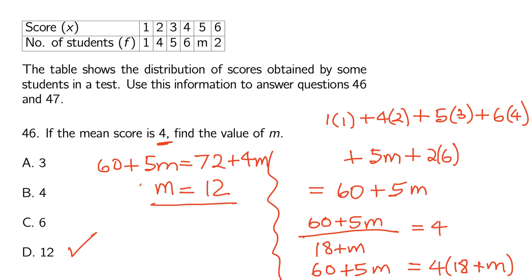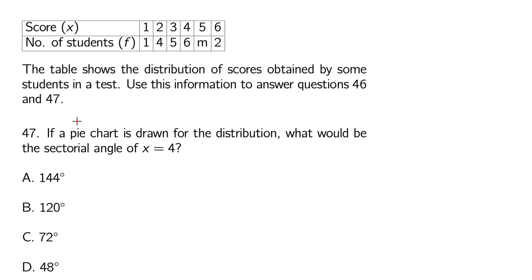M is 12. The next problem says, if a pie chart is drawn for the distribution, what would be the sectorial angle of x equals 4? So x equals 4 is this column. Now to find the sectorial angle, we need to know what fraction of the frequency corresponds to this value of x.